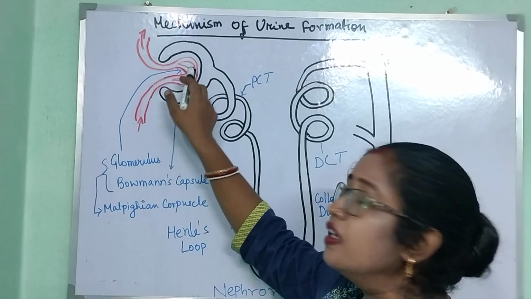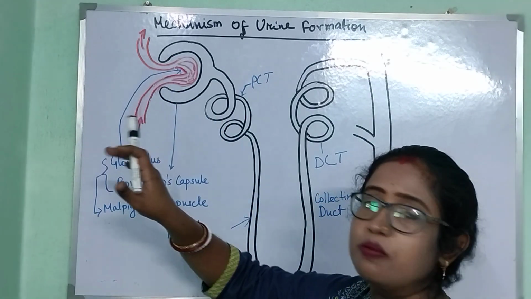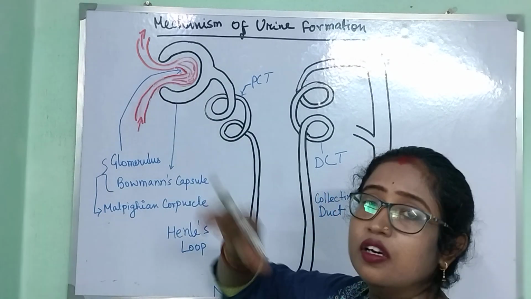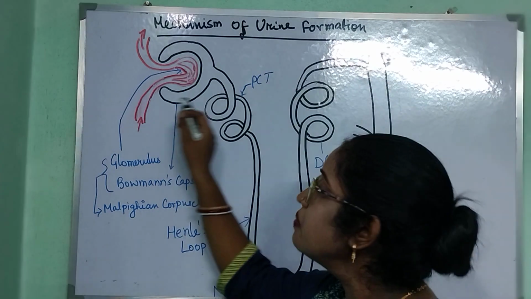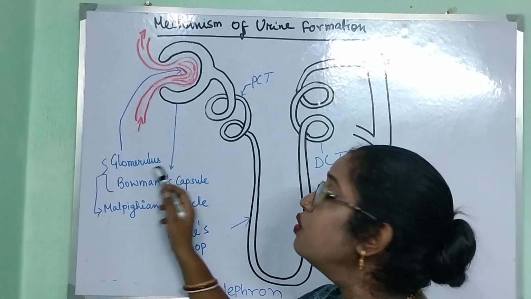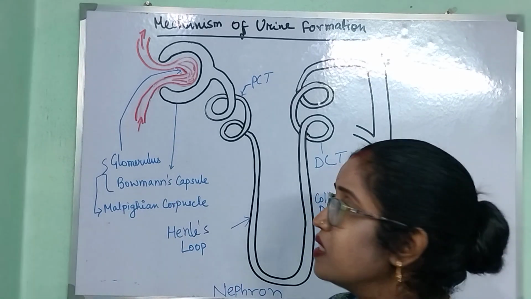The capillaries made under this Bowman's capsule are known as the glomerulus, and the blind or closed end of the nephron, the cup-shaped structure, is known as the Bowman's capsule. Glomerulus and Bowman's capsule together form the Malpighian corpuscle.